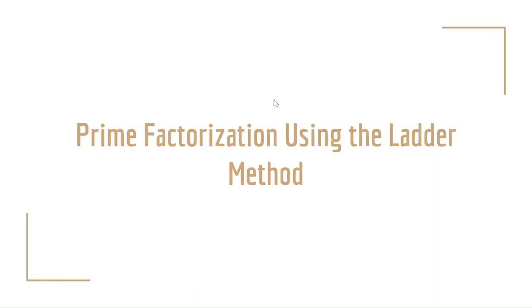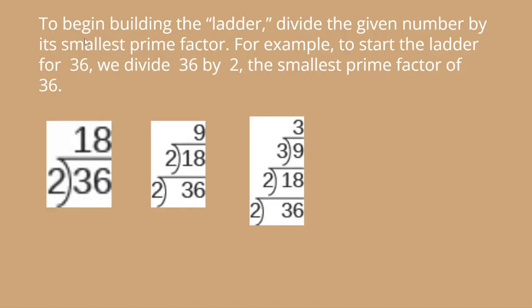Next, prime factorization using the ladder method. To begin building the ladder, divide the given number by its smallest prime factor. For example, to start the ladder for 36, we divide 36 by 2, which is the smallest prime factor of 36, and it's 18. We can divide by 2 again, which gives 9.